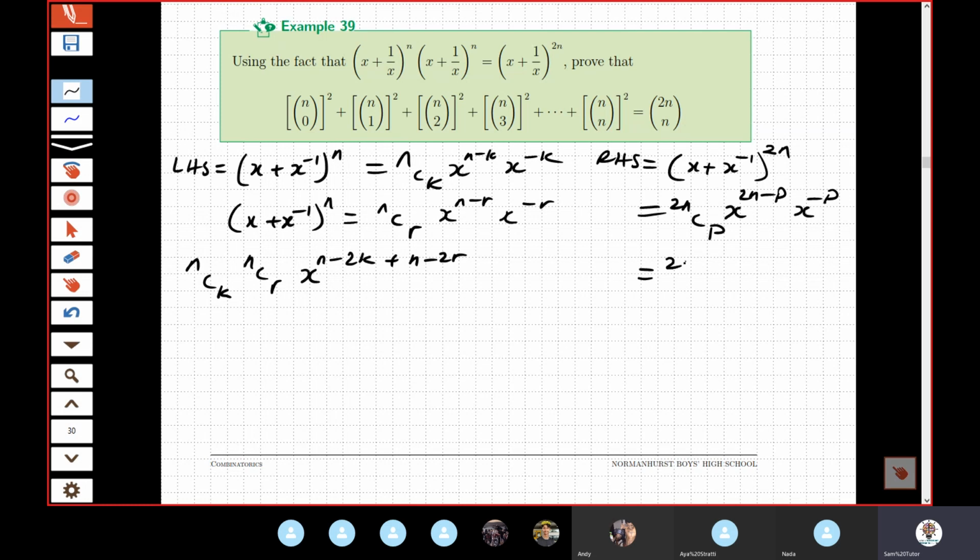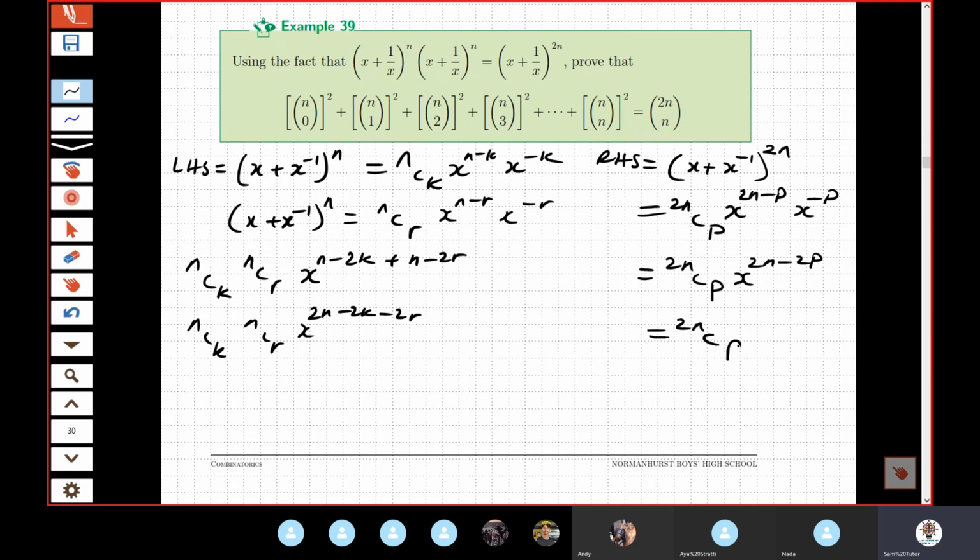That must be the same as 2nCp, x^(2n-p), minus p, 2n minus 2p. Looks weird, I know. Don't stress, it will always be nice. nCk, nCr, x, n plus n is 2n, minus 2k, minus 2r.